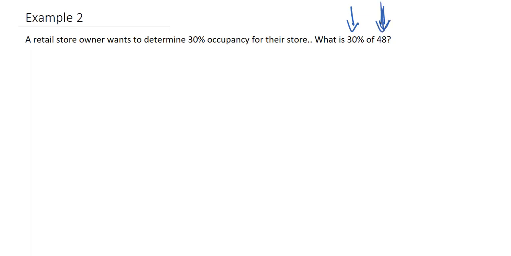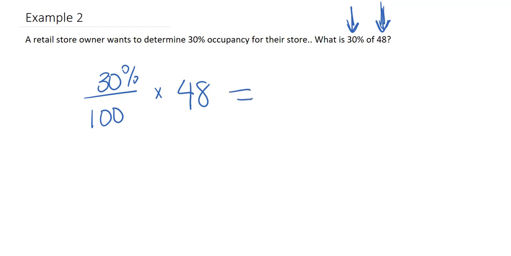So if there was 48, what's 30% of 48 is equal to what? So if we look at this, we have 30% over 100, and then times 48, equals what number?